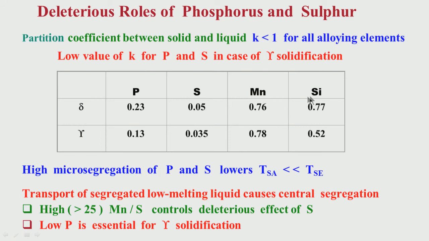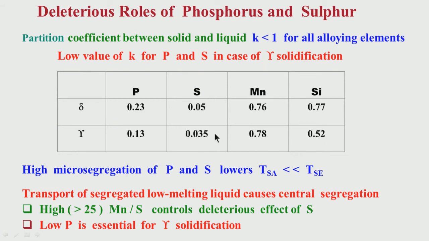Manganese, silicon: when solidification is taking place through delta ferrite as the initial solid, it is 0.76 for manganese and 0.77 for silicon. For gamma, when solidification takes place through gamma, it is 0.78 for manganese and 0.52 for silicon.